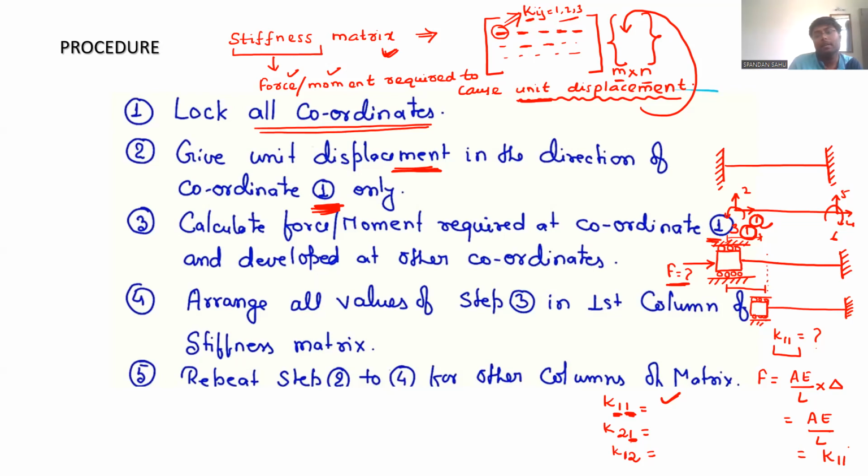The second subscript represents the coordinate along which you give displacement, and the first subscript is the coordinate along which you need to give force. Means K21 means if I want to produce unit displacement along coordinate 1, then how much force I want to give along coordinate direction 2.